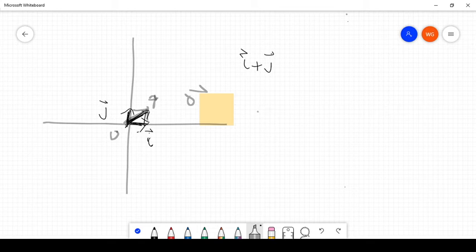Vector OP would have components of 1, comma 1. But like we said, we could equally talk about that vector as being i plus j. The algebra, as you're going to see in a second, might be quite helpful and quick.